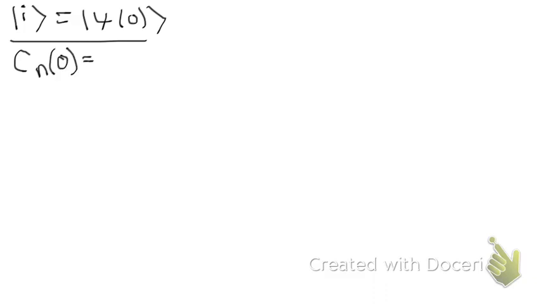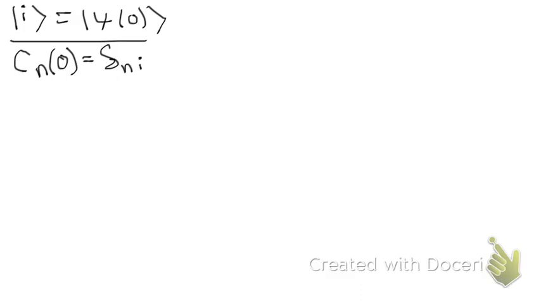So that is to say that this is equal to my psi at t equals 0, and the initial coefficients will then obey this relation: Cn of 0 is equal to delta nI.